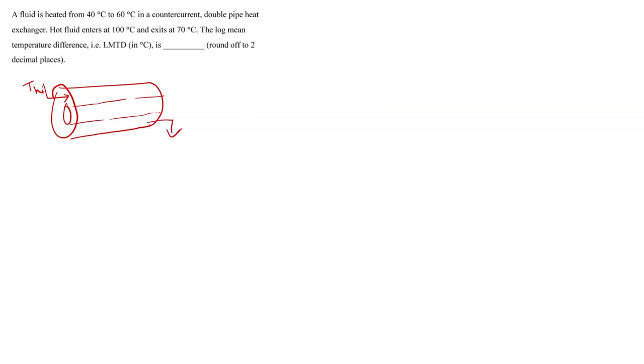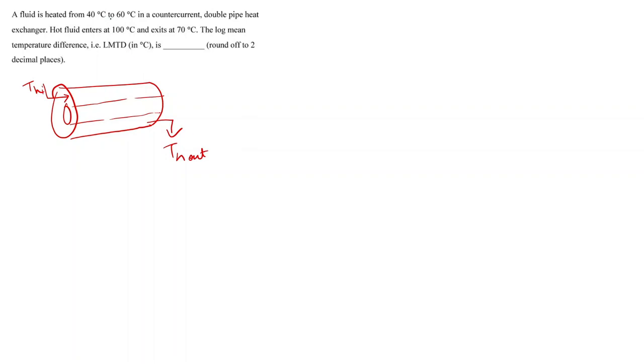So in this question, we have been given a double pipe heat exchanger. Let's just draw a general schematic of a double pipe heat exchanger. A hot fluid enters at 100 degrees Celsius and exits at 70 degrees Celsius. Let's just write TH in, and this is TH out.